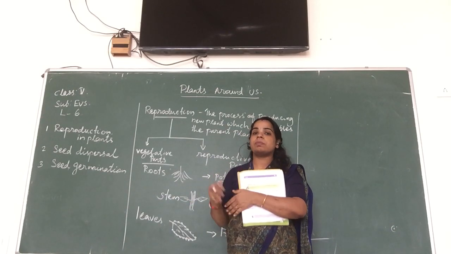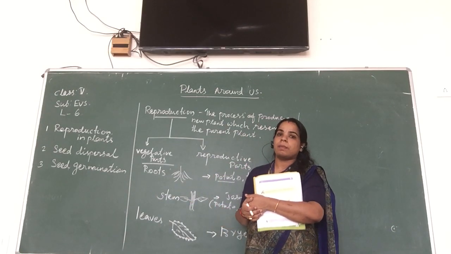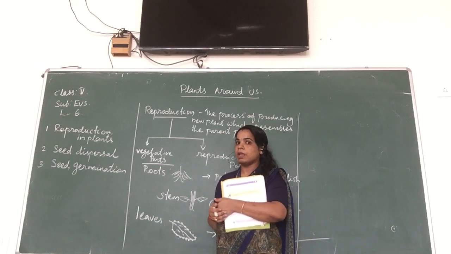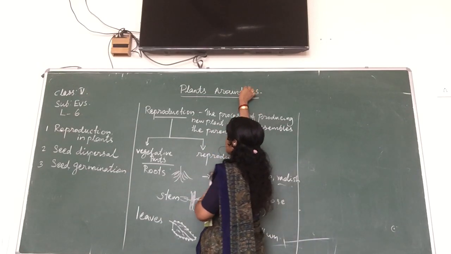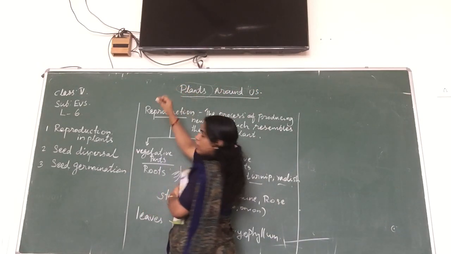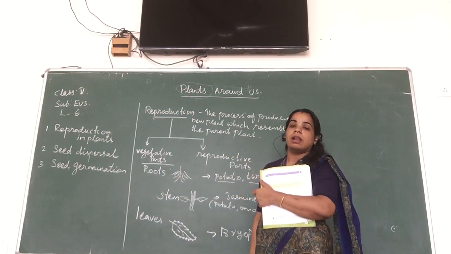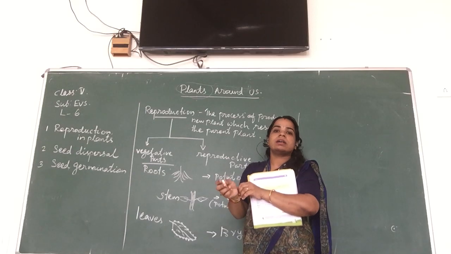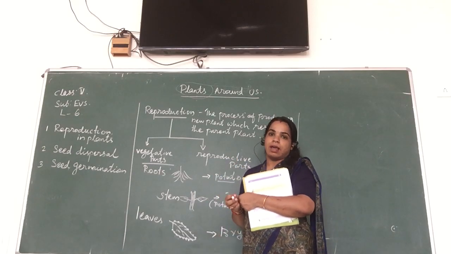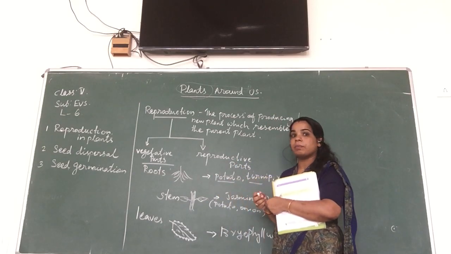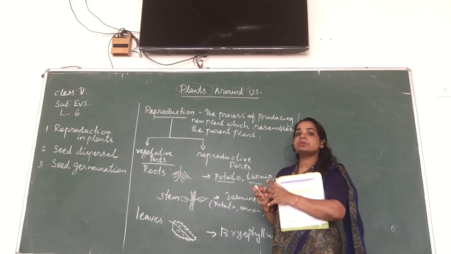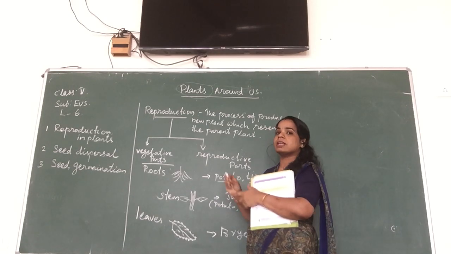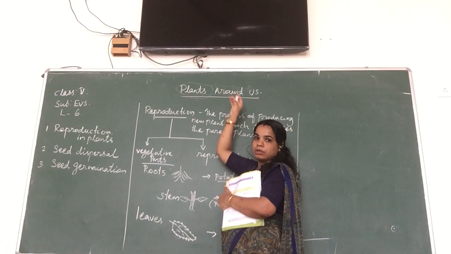So we need to plant more and more plants and trees. Plants are a very important part of our life. If there were no plants, the earth couldn't support life. So we need to protect our surroundings as well as our plants.